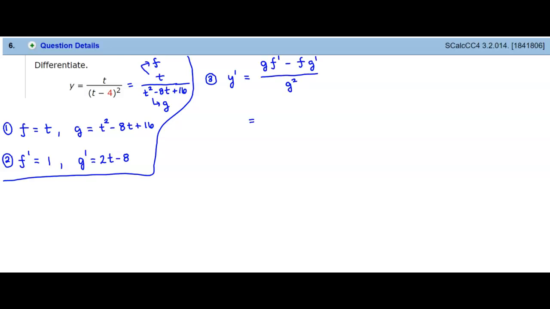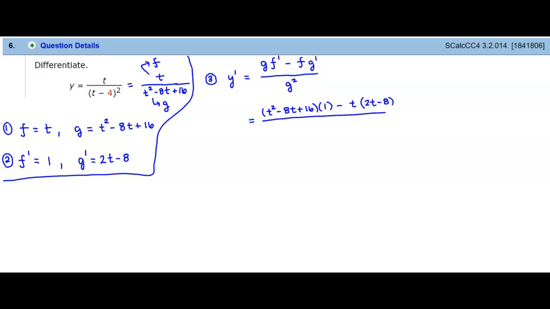So we know that g in the expanded version is t squared minus 8t plus 16 times f prime, which is 1, minus f, which is t, times g prime, which is 2t minus 8.